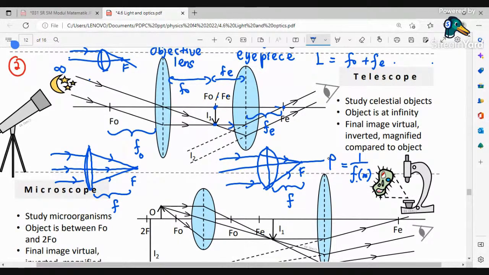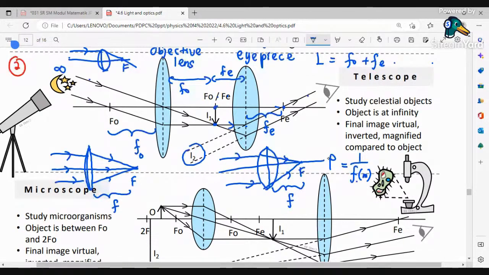So you can see it produces parallel lines, which means they will never meet on the screen, so no image forms on the screen. The second image cannot form on the screen, so the observer's eye will observe the image along the refracted ray that gets into the observer's eye. So observe the image here, I2.